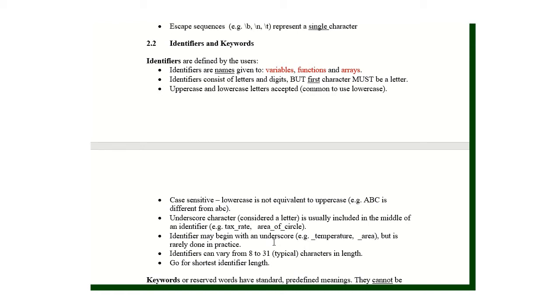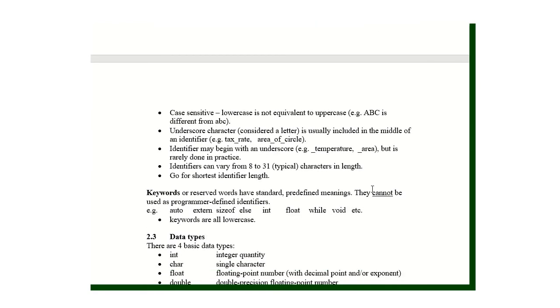Identifiers may begin with an underscore, for example, underscore temperature, underscore area, but this is rarely done in practice. The length can vary from 8 to more characters, but the best practice is to go for the shortest length.